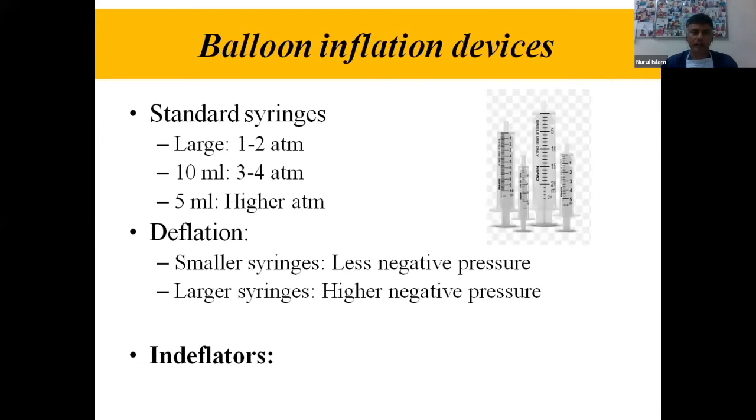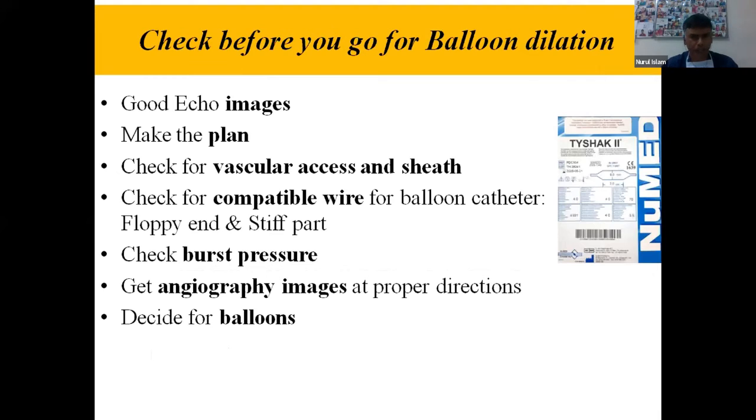And also during deflation, the smaller syringes will create less negative pressure. So you will face a problem during deflation, and you can compromise the hemodynamic condition of the patient on the table. So ideally, the procedure can be done by use of indeflators, which we are very accustomed to, especially those working in the coronary lab.